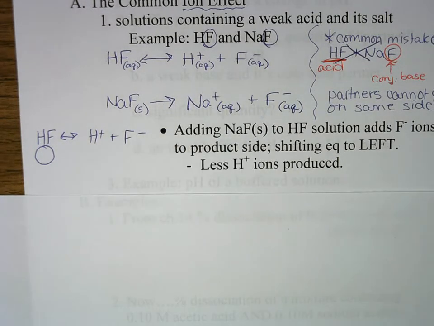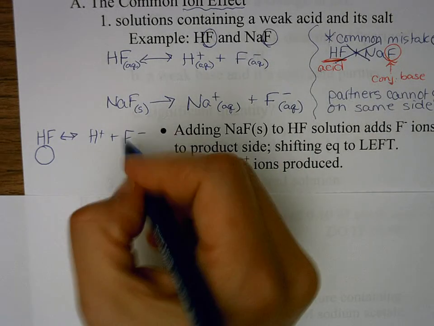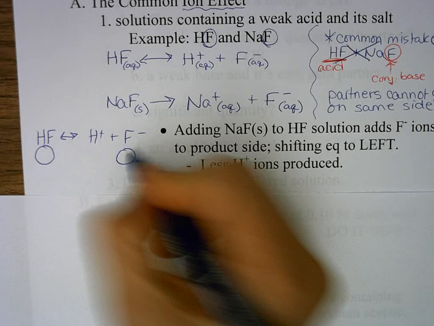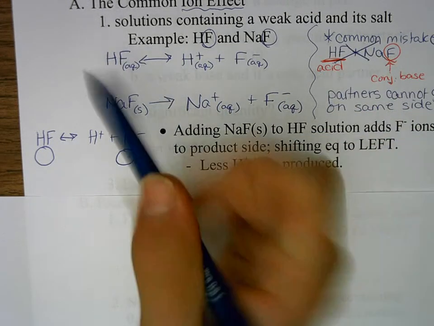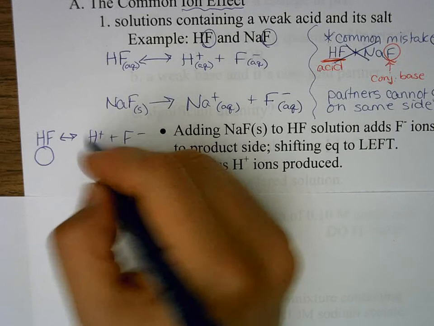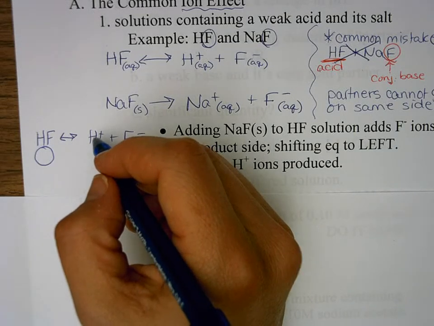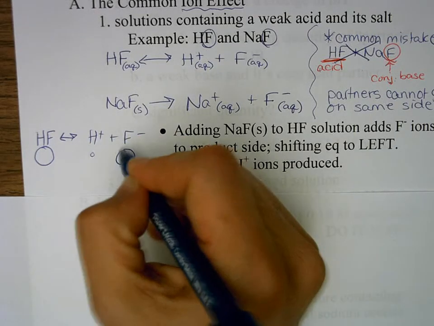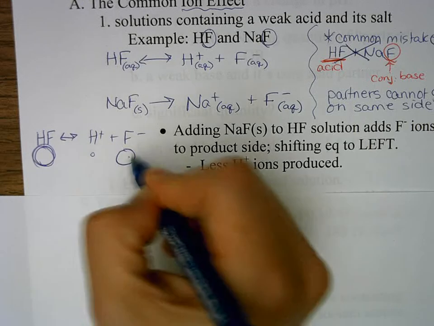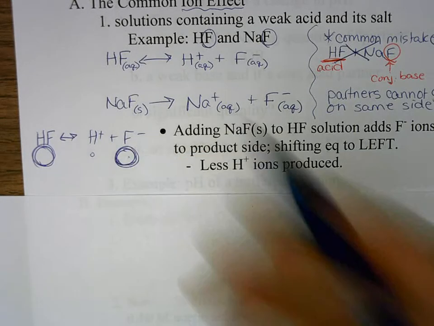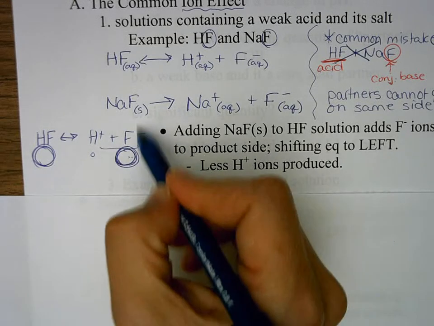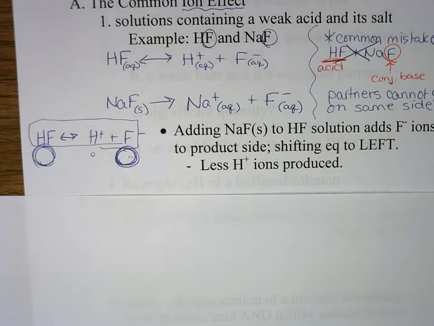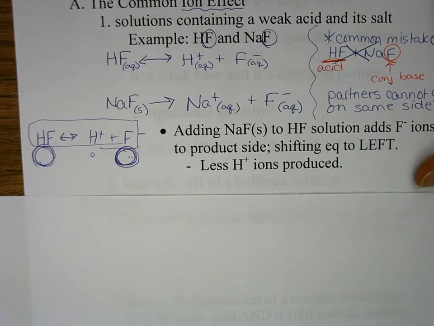But when you have this common ion added in, which is the fluoride ion here, you just have an initial concentration as part of your ICE table for this fluoride ion. These aren't zeros, these are actual numbers. So you're going to have numbers that you start with. So now you have, instead of plugging in a 0 here, you have a number to start with. And so this is the reaction still that you write out, even though you're adding sodium fluoride to it.